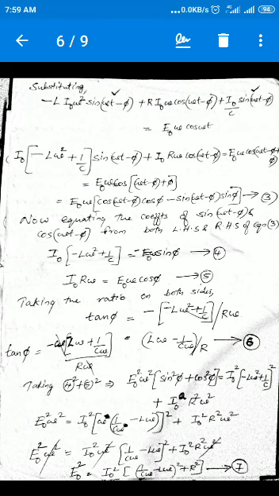If you equate the sin omega t minus phi term, the coefficient is I0 into minus L omega square plus 1 by C, and in the right hand side it is minus E0 omega sin phi.